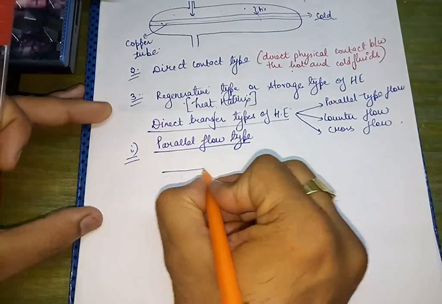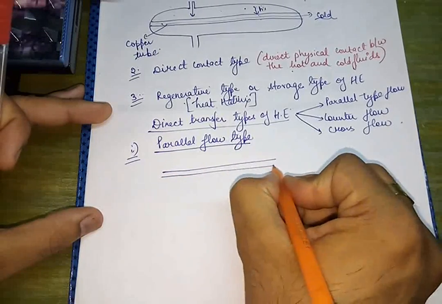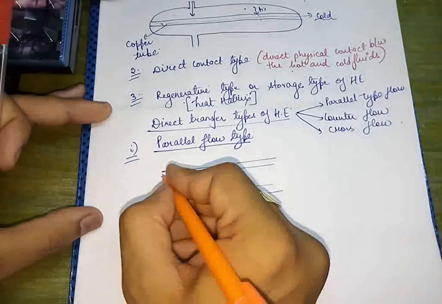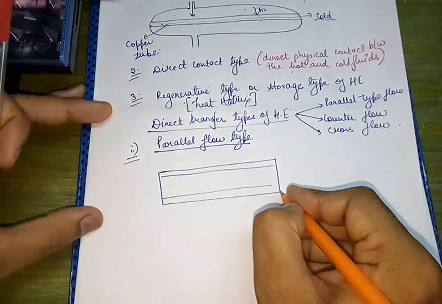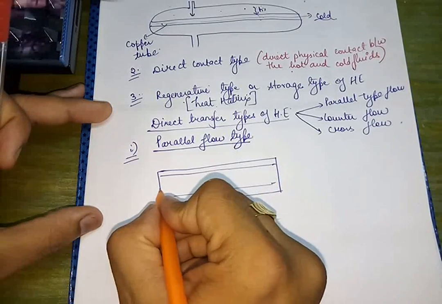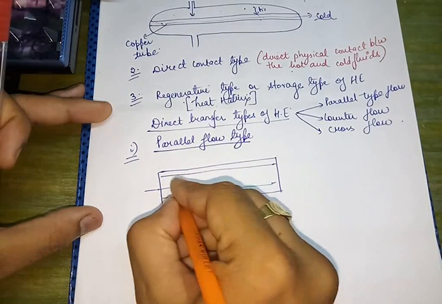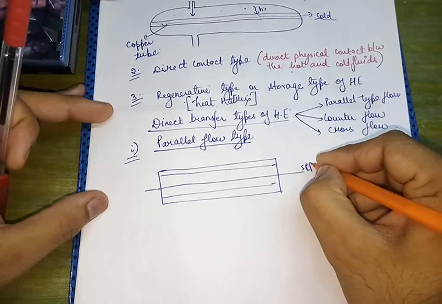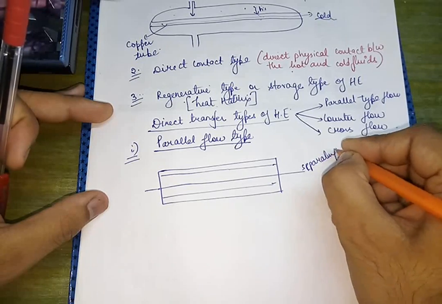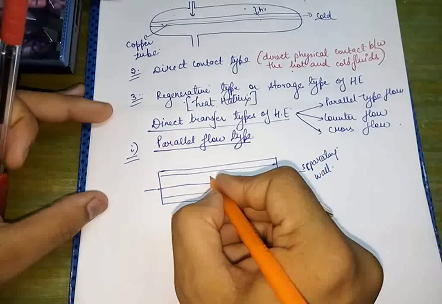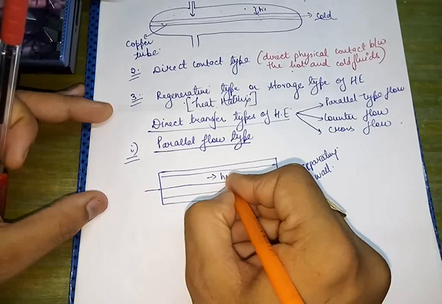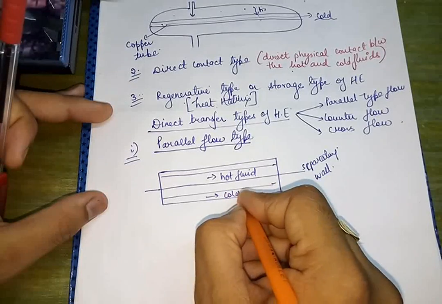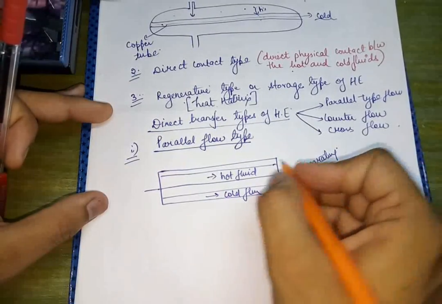Now in the parallel flow type, it is very easy to understand. Actually it is one system, such that in the middle portion we are having some partition, say separating wall. On one side we are having the hot fluid and on the bottom side we are having the cold fluid.